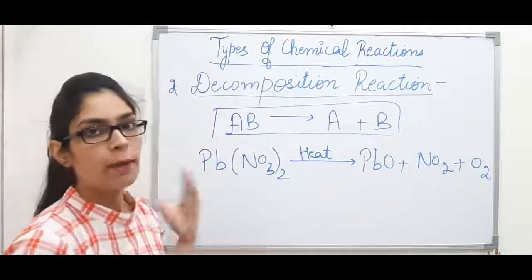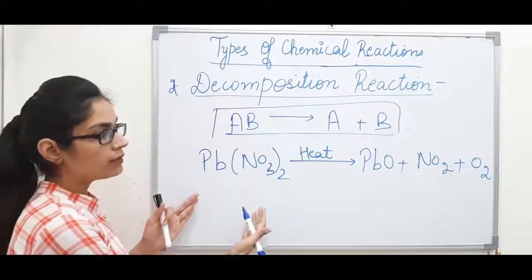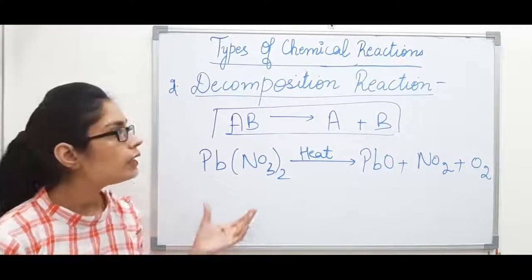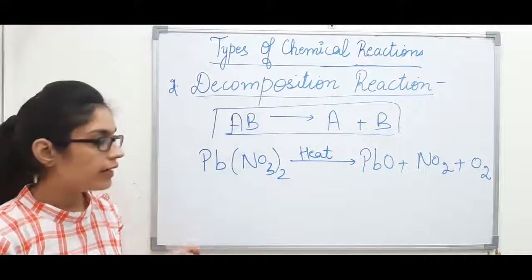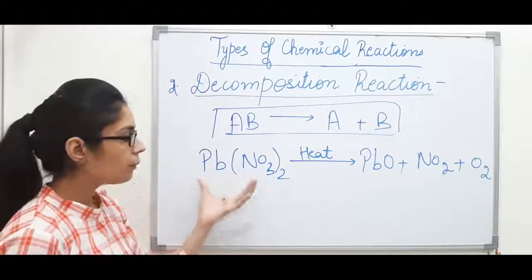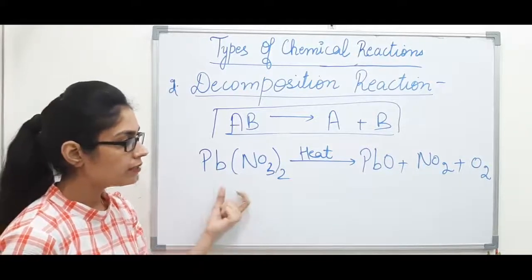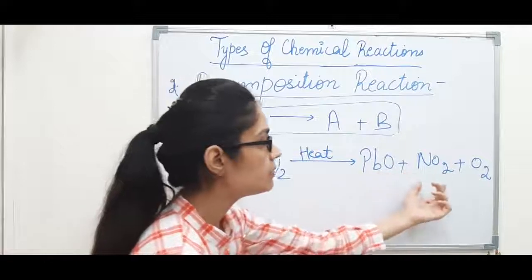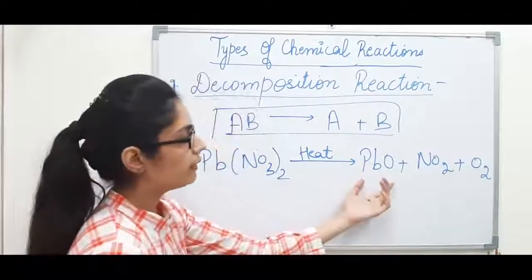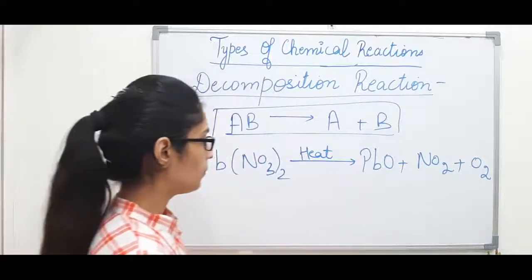As of now I am not balancing the chemical equations. I am just trying to make you understand the concept, the meaning of decomposition reaction. Again, this is my complex reactant on which I am applying heat, and it is getting broken down into three simpler products: lead oxide, nitrogen dioxide and oxygen.